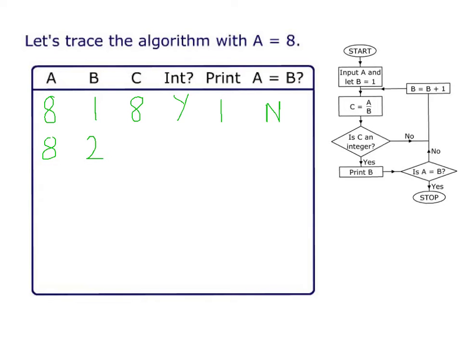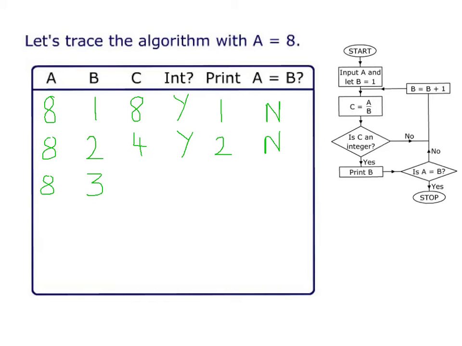Okay, c equals a divided by b, so that gives us a value of 4. Is c an integer? Yes. Then print b. Is a equal to b? No. And so our cycle begins again. So a does not change, but b equals b plus 1.